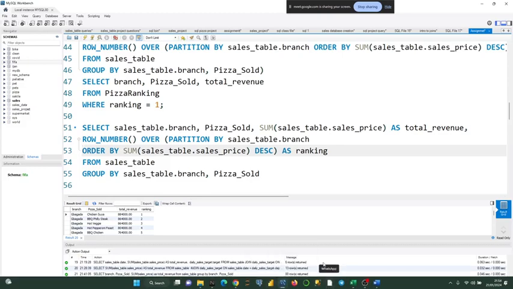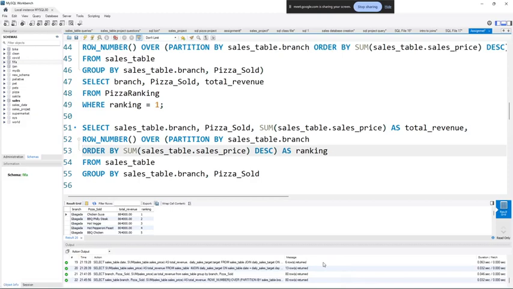I have multiple branches, and for each branch, I want to see the number one. So I'm partitioning by branch. Don't forget your ORDER BY.